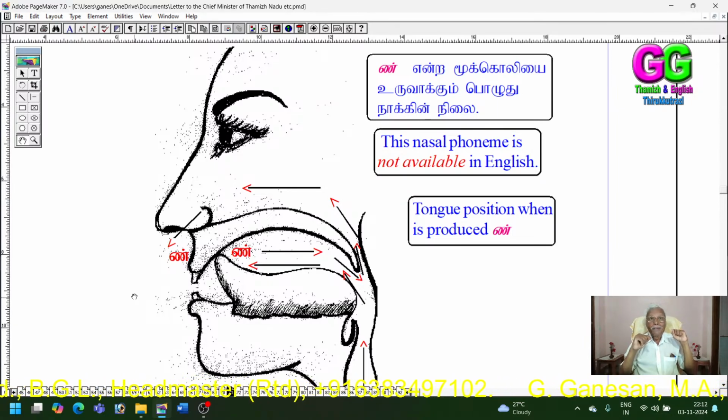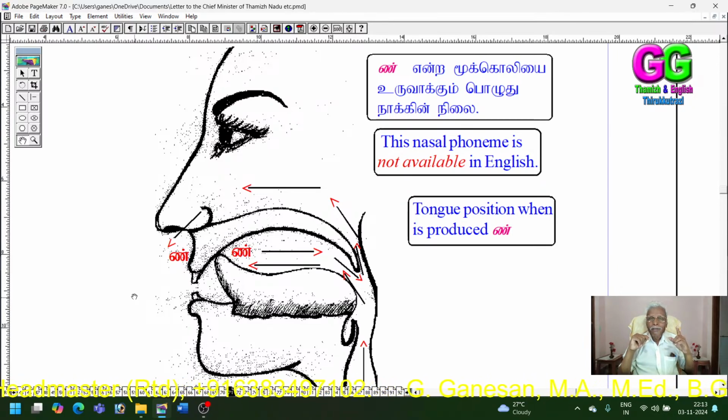So, when we write the Tamil names, we use three nasal Tamil phonemes. There are these three nasal phonemes.